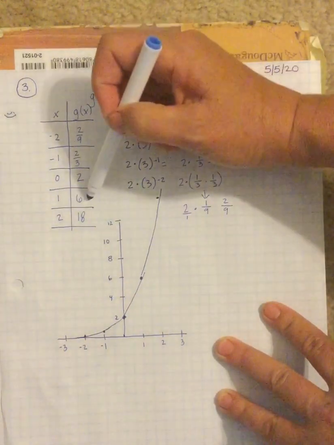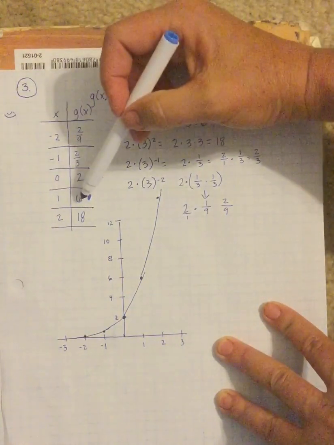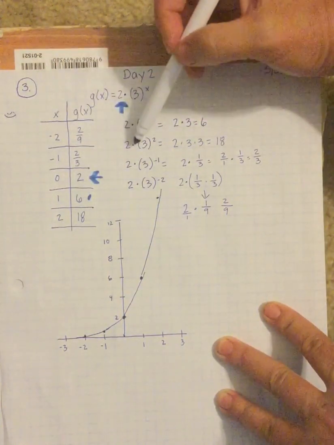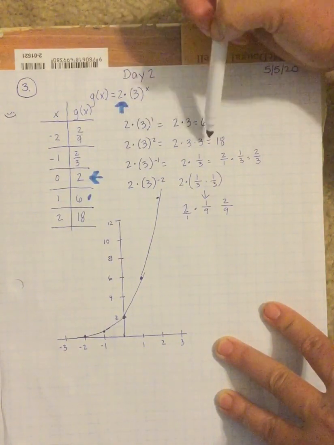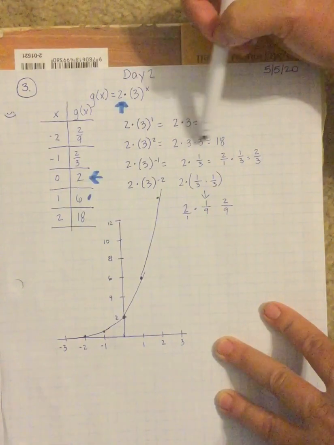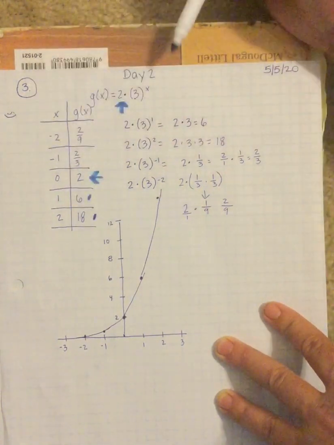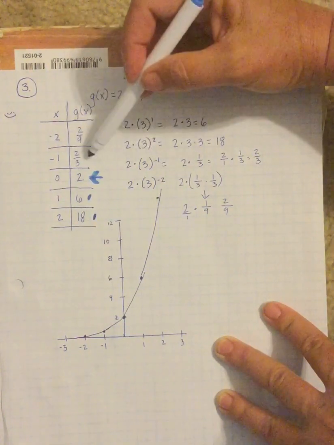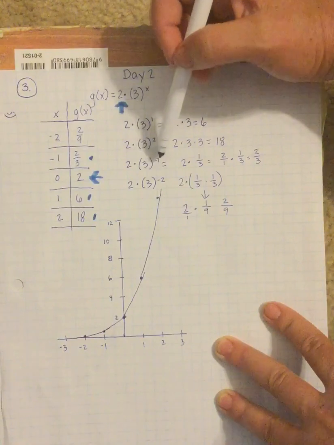So let's go here. 2 times 3 is 6. So we put 6. 2 times 3 to the second power is 2 times 3 times 3. So 9 times 2 is 18. That goes here. And then we'll go to our negatives right here. So 2 times 3 to the negative 1.